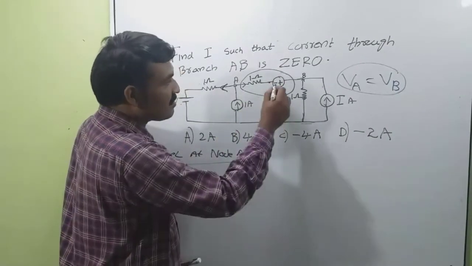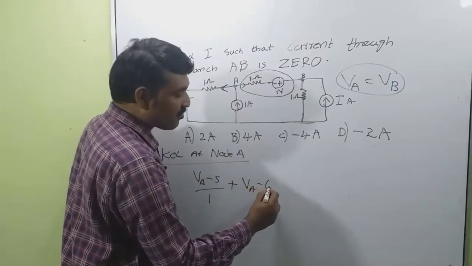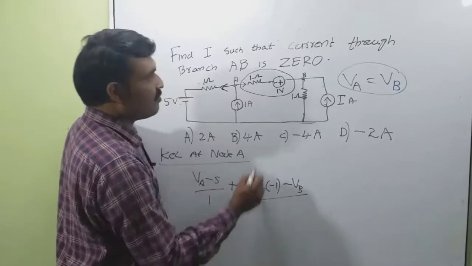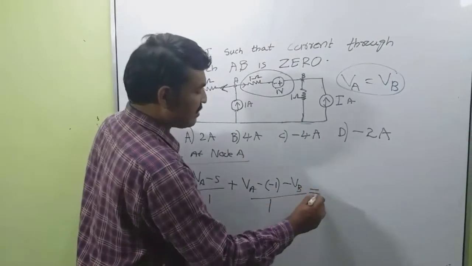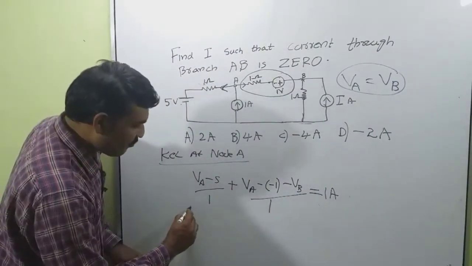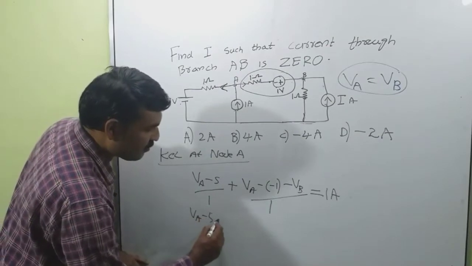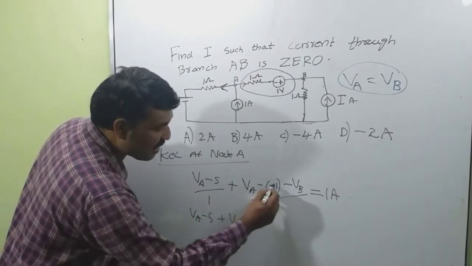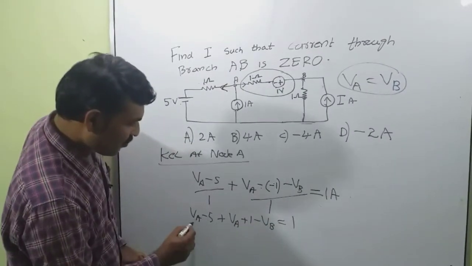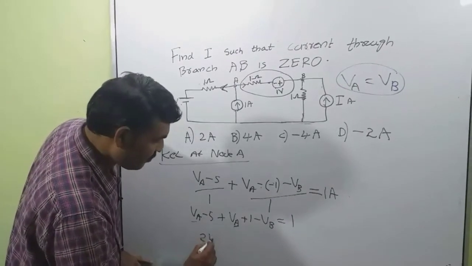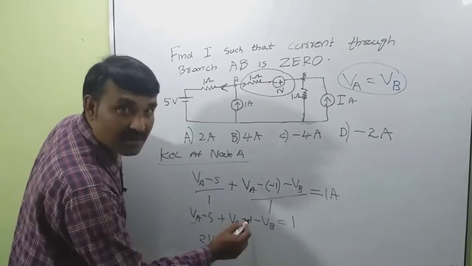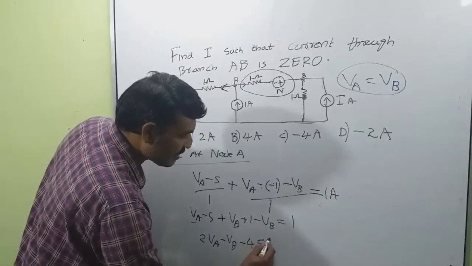So VA minus, this is minus plus, so minus of minus 1 minus VB divided by 1, that is equal to the incoming current, 1 ampere. So I get VA minus 5 plus VA, minus of minus becomes plus 1 minus VB, is equal to 1. So VA plus VA, that is 2 VA, minus VB. Here minus 5 plus 1 becomes minus 4, is equal to 1.